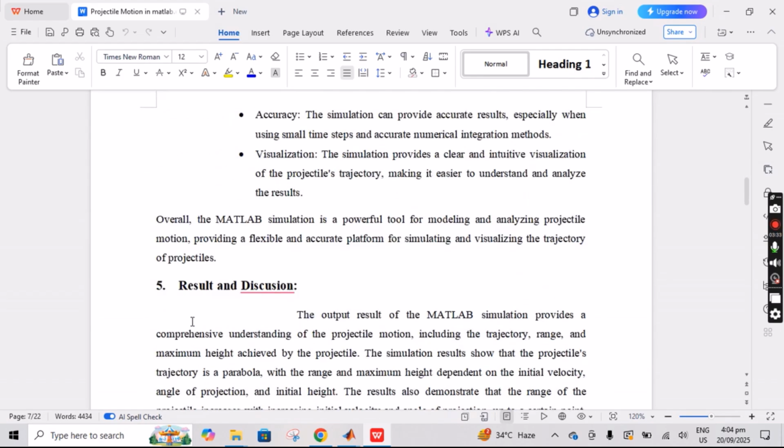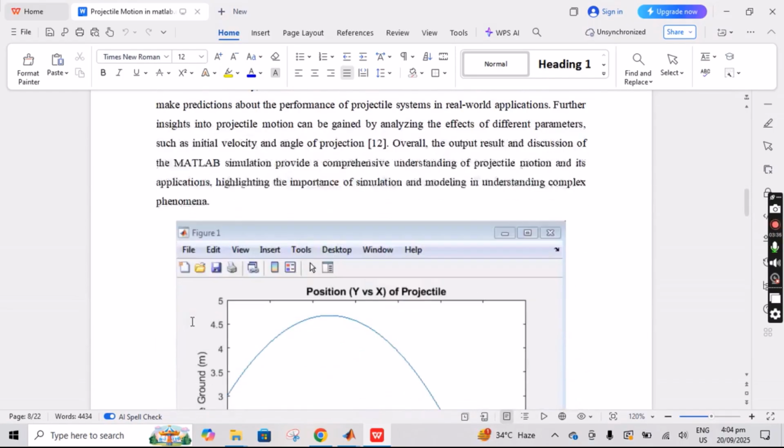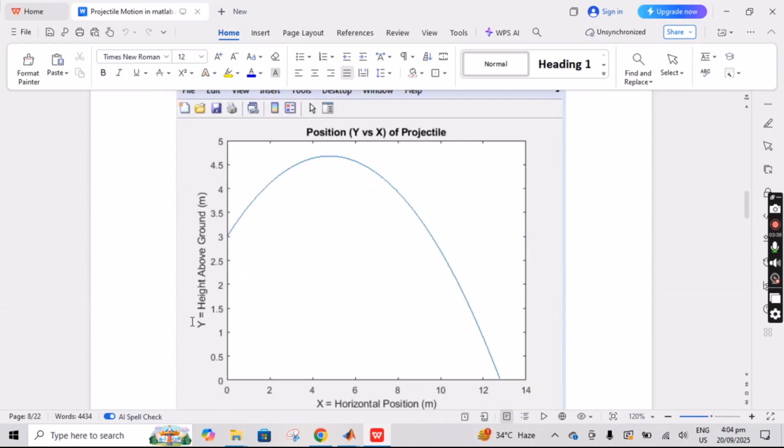Results and discussion are added here, where we have used projectile motions at different height levels with the x-axis and y-axis. The x-axis represents the horizontal axis and the y-axis represents the vertical axis.